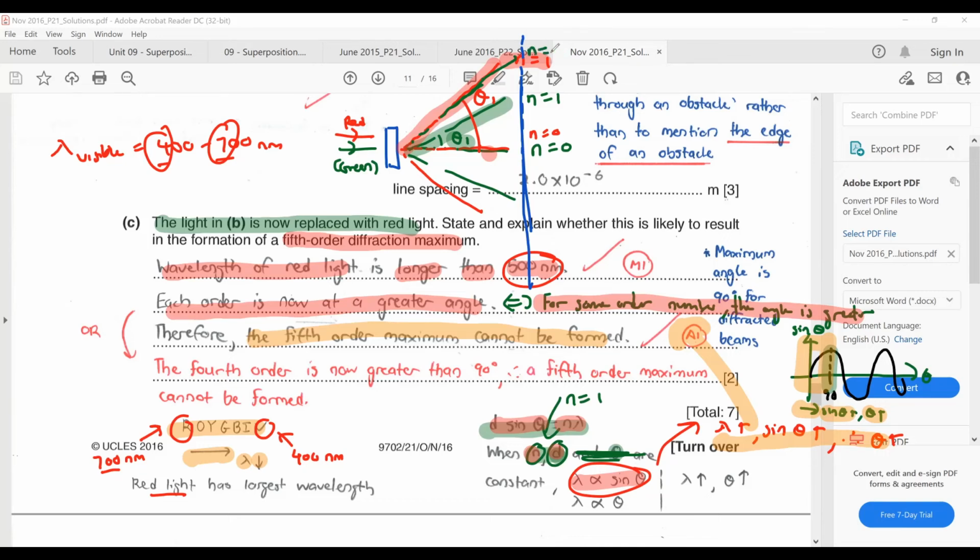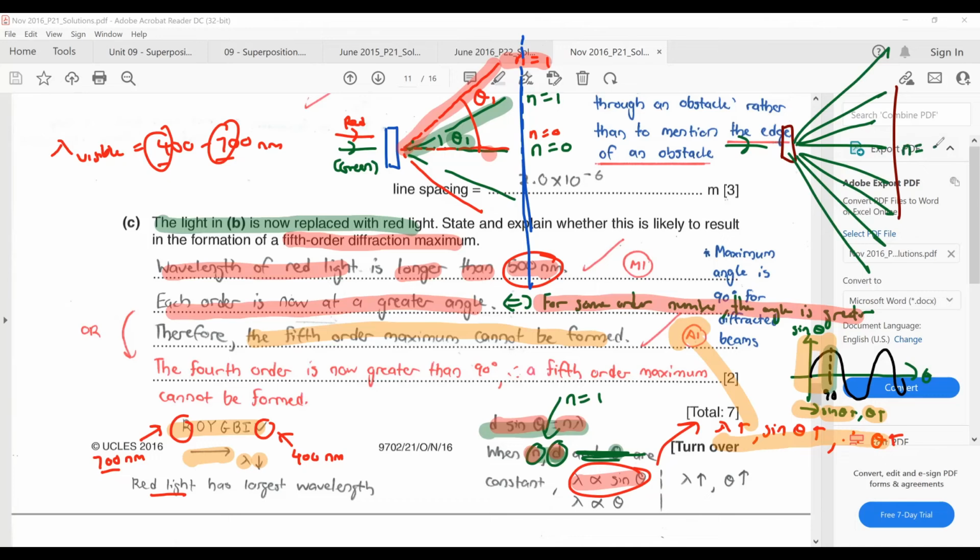Okay, this is a very horrible drawing to show that. Let me show you it in a different diagram. If this one is a diffraction grating, this one was green light. You shine it onto the screen. You have n equals 0, n equals 1, n equals 2, n equals 3, and then n equals 4.